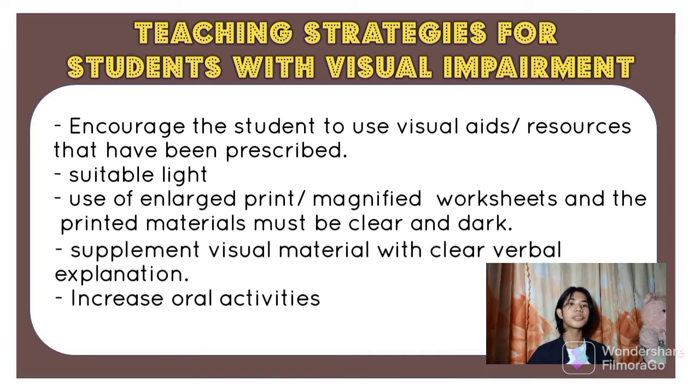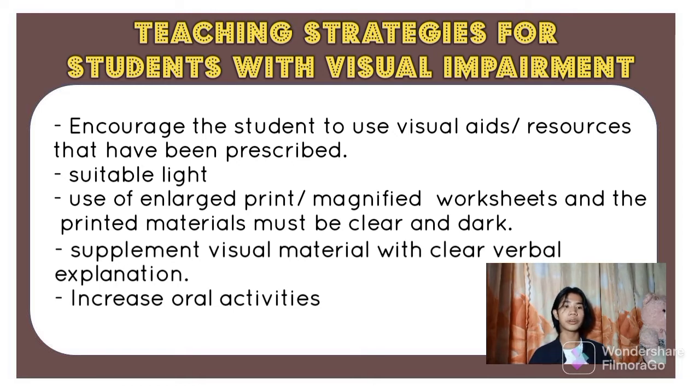Okay, here are some learning strategies that we can apply for students with visual impairment. First is to encourage the student to use visual aids or resources that have been prescribed, like glasses, magnifiers, big print books, and many more. Next, we should make sure that the light is suitable for students with problems related to light.